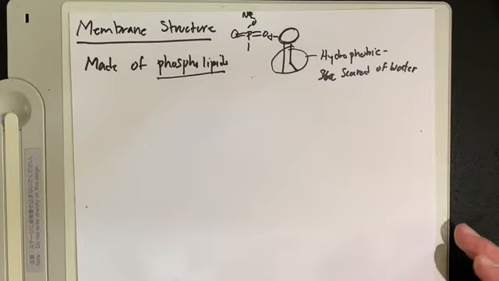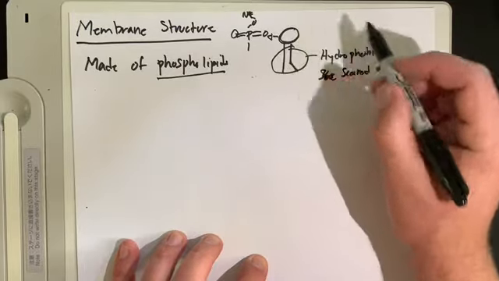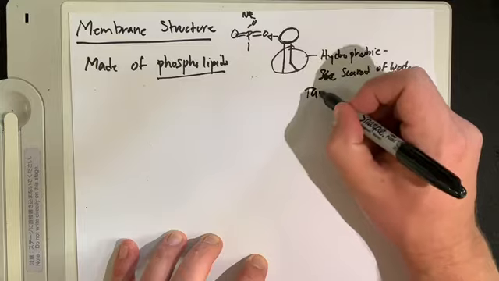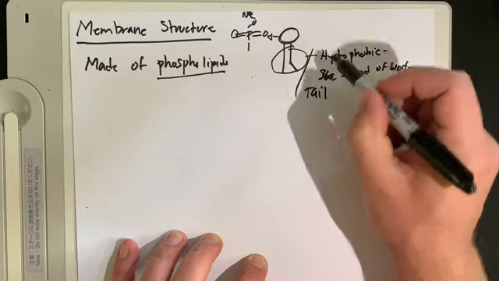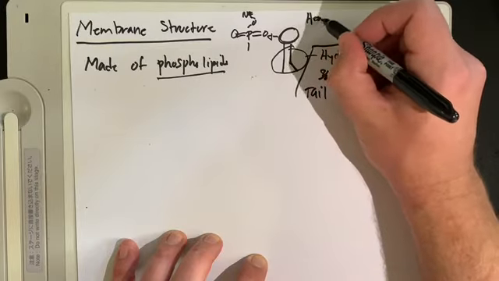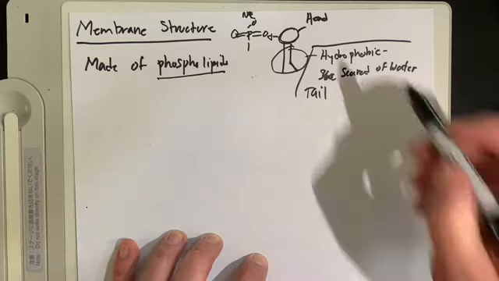Because it has a positive on it, it actually likes to interact with water. So we've talked multiple times about how water is polar, has those partial positives and partial negatives, and how water loves to interact with things that also have positive and negative charges. And so what we find out here is that the head, so once again, these are the tails, that the head of our phospholipid is actually what we call hydrophilic.